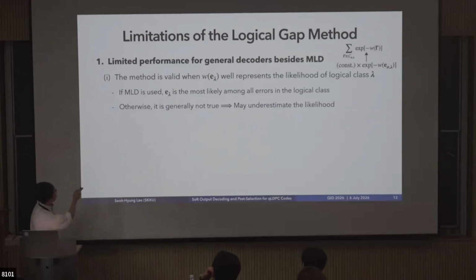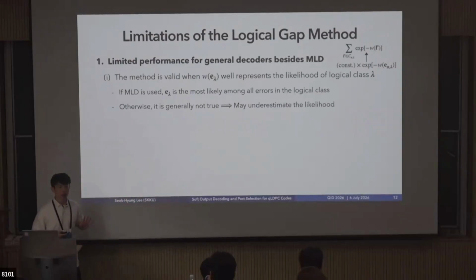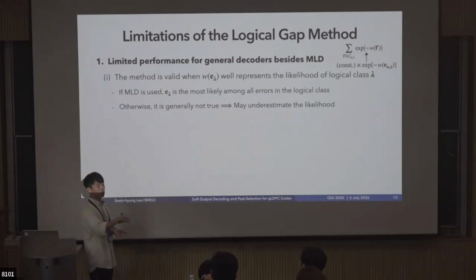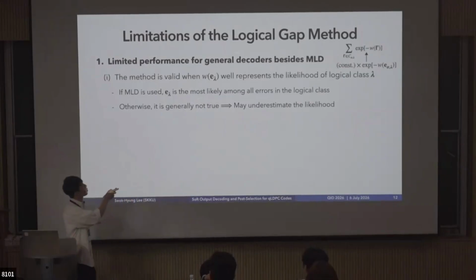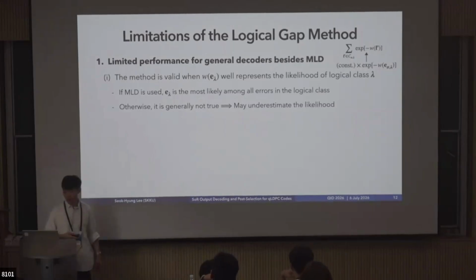If the maximum likelihood decoder is used, then even if it is not degenerate, we can ensure a certain amount of confidence in the approximated logical gap, but otherwise this statement might generally not be true, so it may underestimate the likelihood of the logical class.